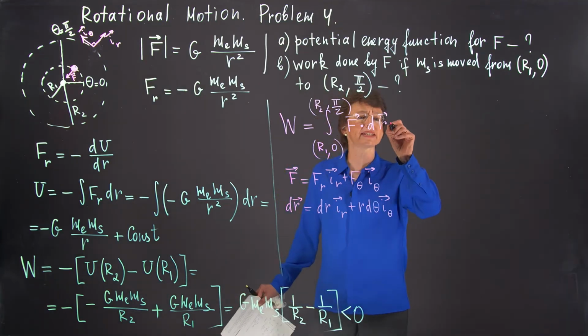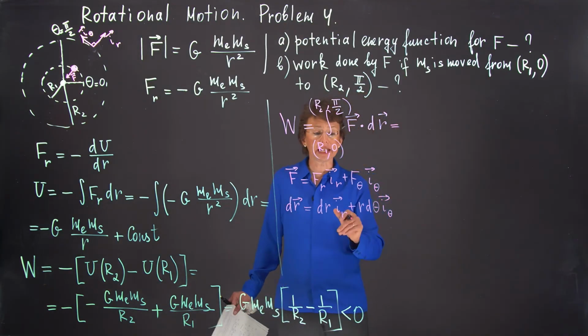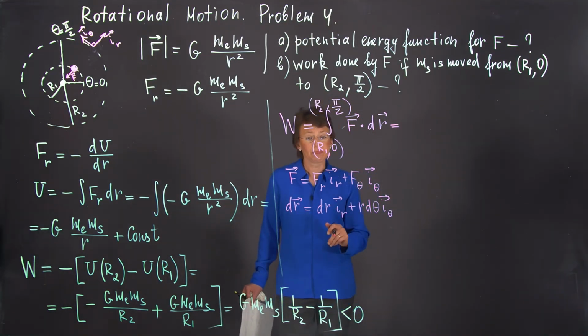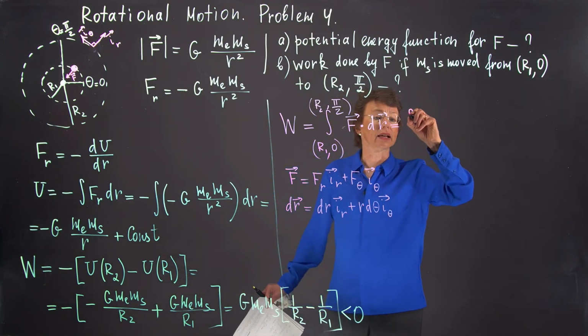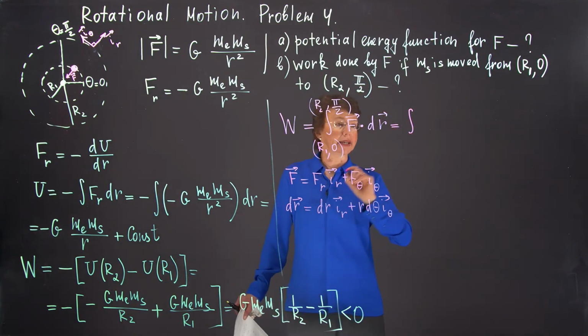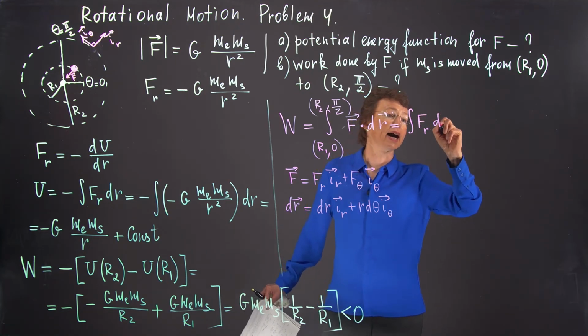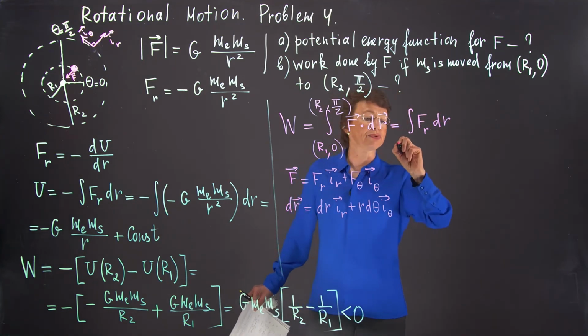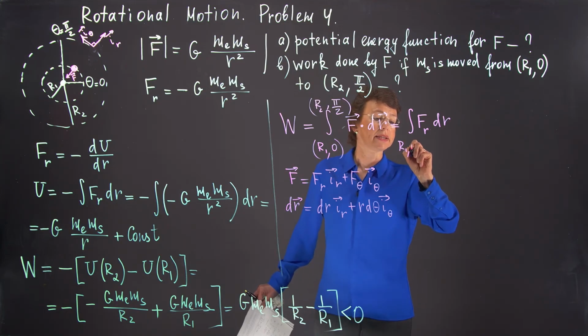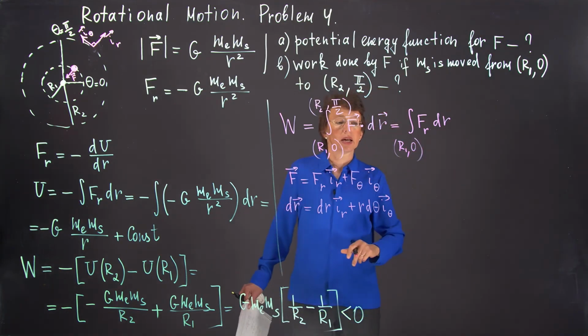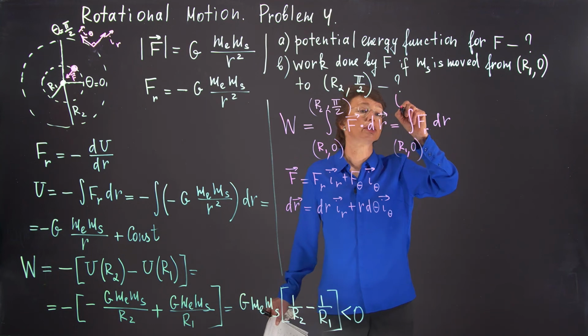You remember this. And then if I take this dot product, then i_r dot i_r will give me a non-zero dot product, integral F_r dr, and I will be moving from point R1, 0 to R2, pi over 2. And of course you can do it for any point.